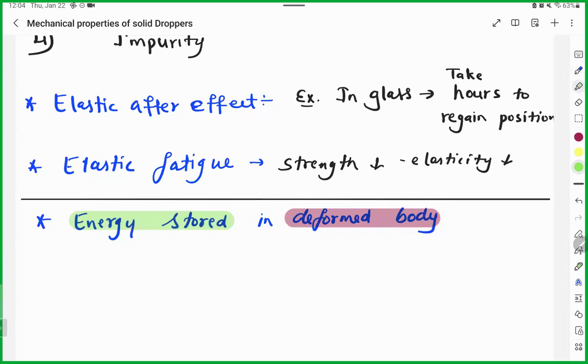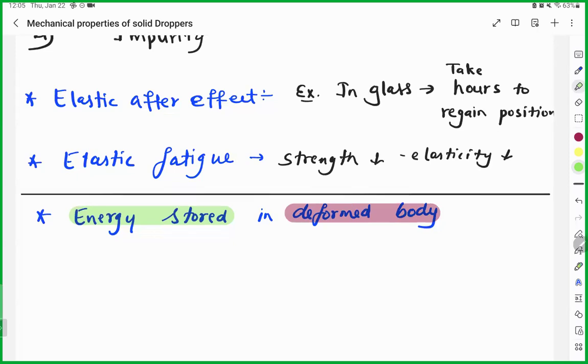Kinetic energy or potential energy? If you deform the body, if you increase the length, the body will store some energy due to the change in position, because when you apply some force, you apply some energy. It will be the potential energy, because of its configuration. Kinetic energy is because of motion, and potential energy is because of its configuration. You are changing the configuration.